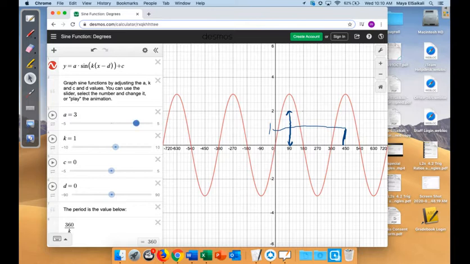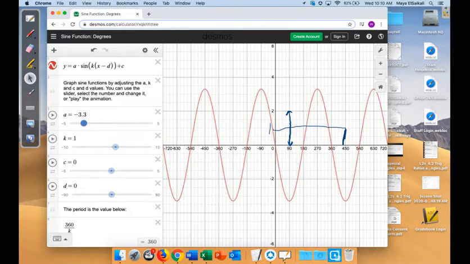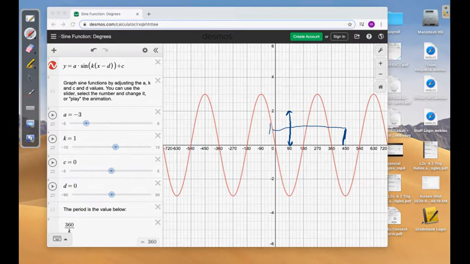If your a value is negative, you still report your amplitude as a positive value. So if I find the amplitude here, it is 3, even though my a value is negative 3. The amplitude is the absolute value of a, which in this case is 3.